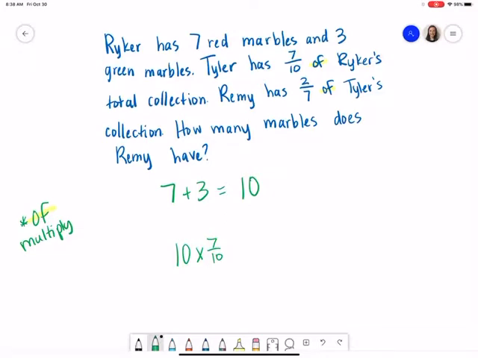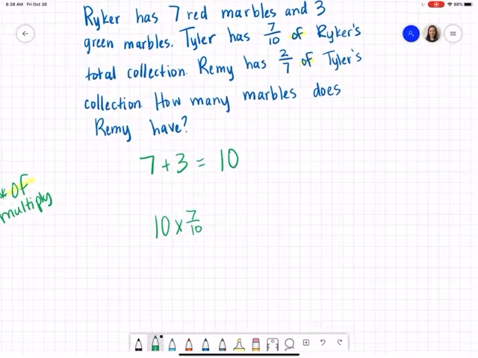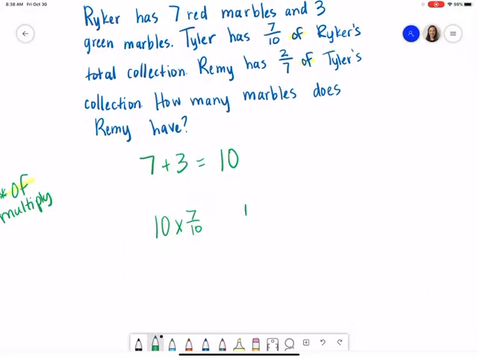Okay, and then you would go ahead and make that 10 into something you could multiply, right, by putting it over 1. Okay, we're going to get 70/10. Uh-oh, improper fraction. How many groups of 10 go into 70?